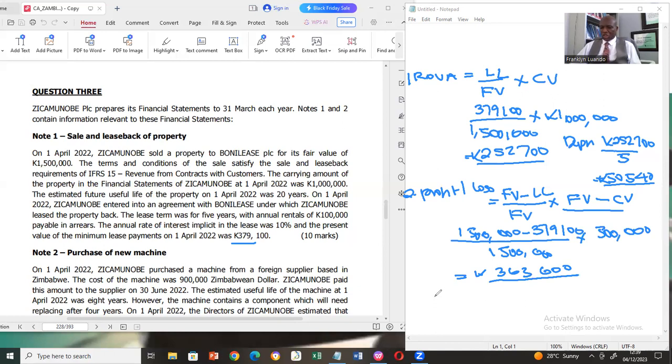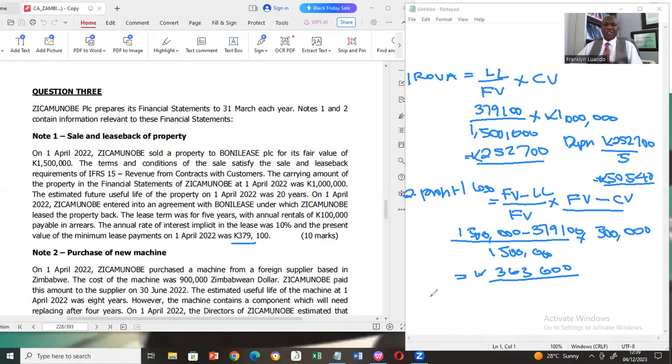Now we need to calculate the finance charges, the finance lease obligations, amounts due within 1 year, and amounts due after 1 year.